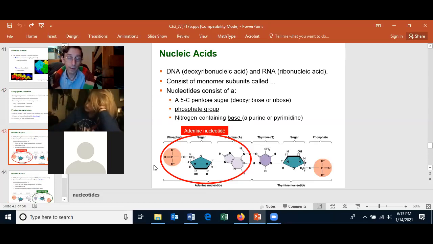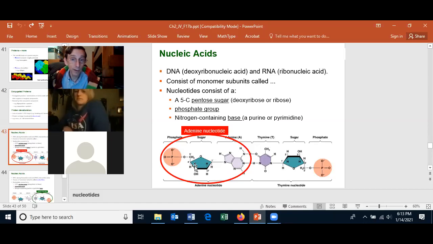Nucleotides consist of the base unit, which is the nitrogen-containing base, and that's a purine or pyrimidine. We'll talk about that probably tomorrow. And they have a sugar unit, which is deoxyribose for DNA and ribose for RNA.